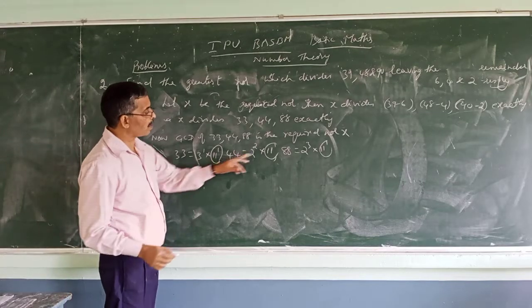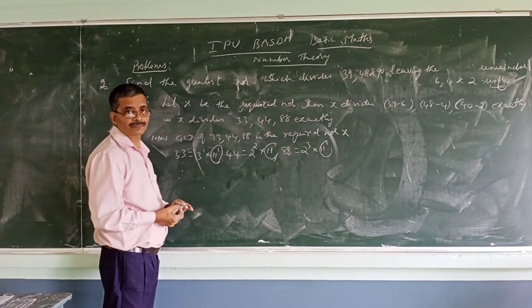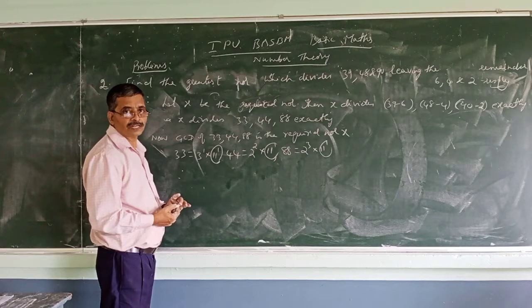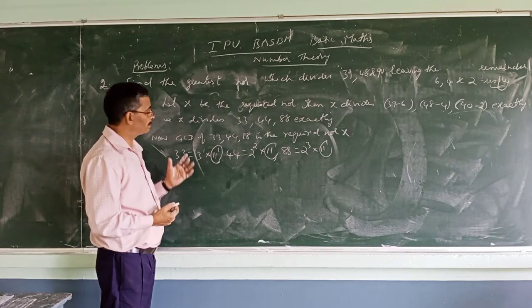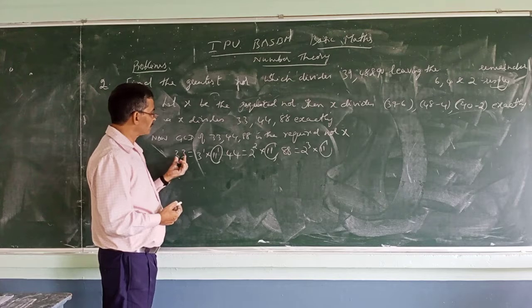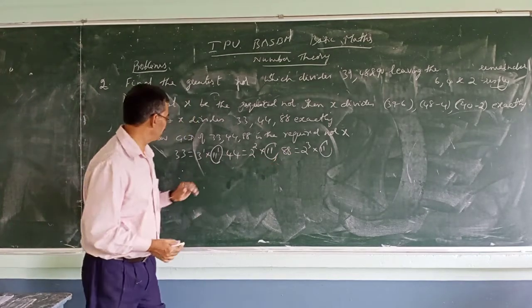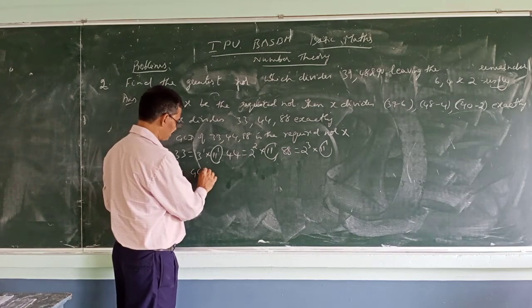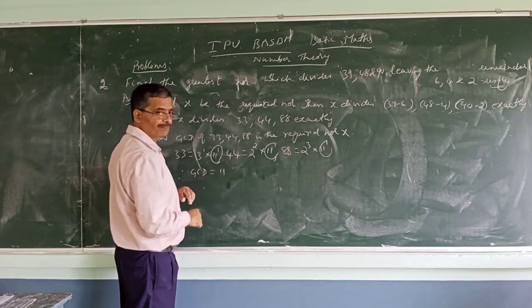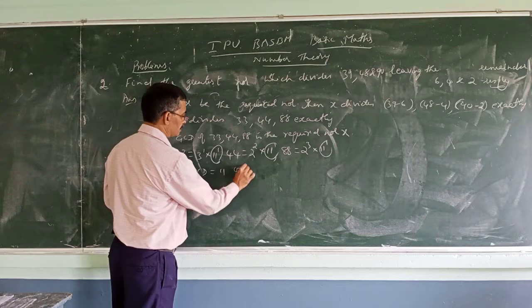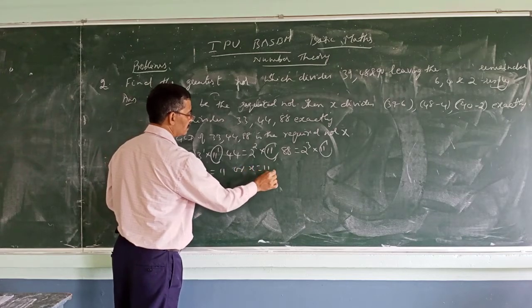Therefore, for GCD you have to take the common factor of all the numbers: the common factor of 33, 44 and 88, which is nothing but 11. Therefore, GCD is equal to 11, or the required x is equal to 11.